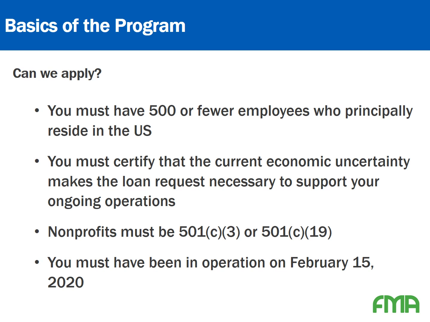You must certify that the current economic uncertainty is affecting your nonprofit. You must be a 501(c)(3) or a 501(c)(9) and have been in operation at least as of February 15th of 2020. So the eligibility requirements are very simple for nonprofits. You need to have 500 or fewer employees.